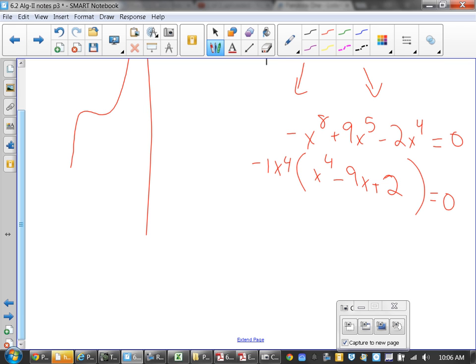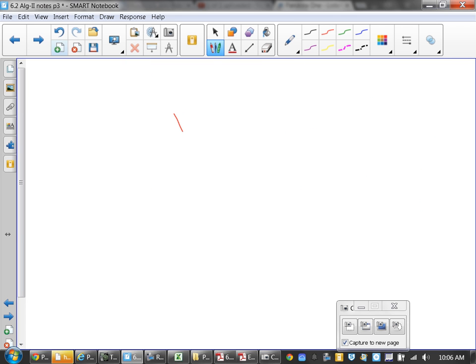Set them both equal to 0, so you know you have a 0 at 0. Because I set that first term equal to 0. Remember when you had x and x minus 2, you set them both equal to 0?